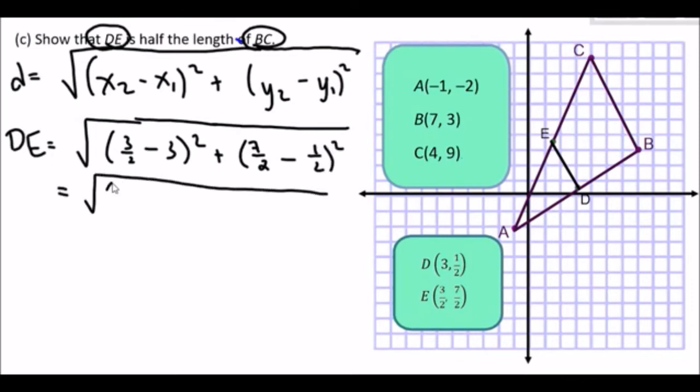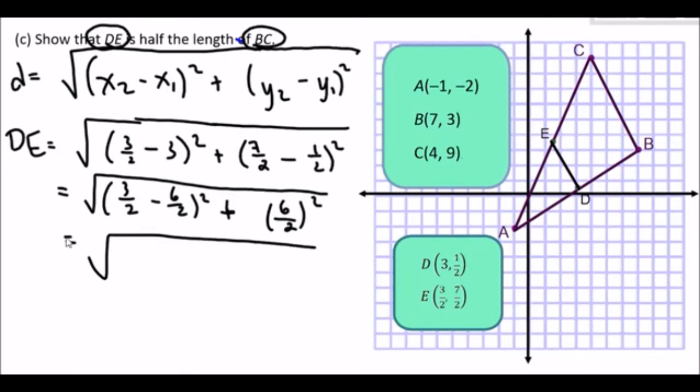I need a common denominator in the first bracket, so 6 over 2 is my common denominator. And here I already have a common denominator, so the denominator's 2 and the numerators say 7 subtract 1. So there we go. In the first bracket, I have negative 3 over 2 squared. And in the second bracket, I have 6 over 2 squared.